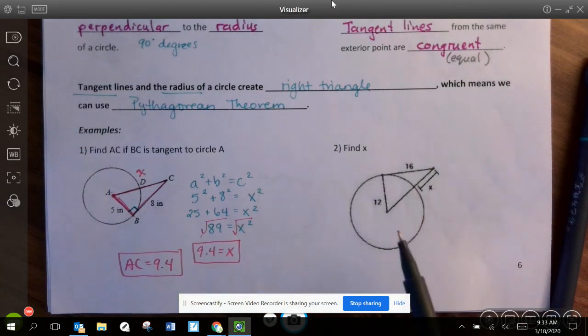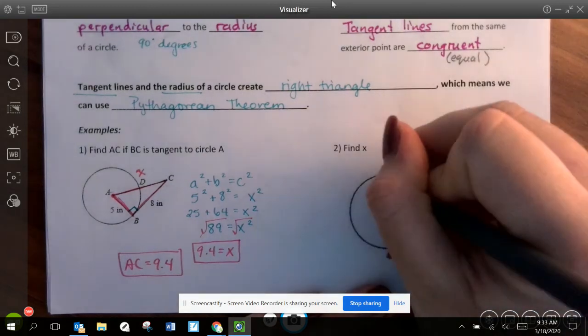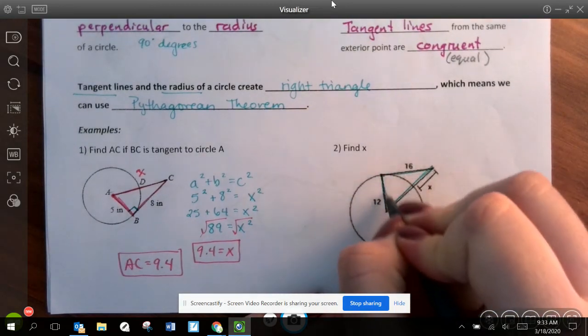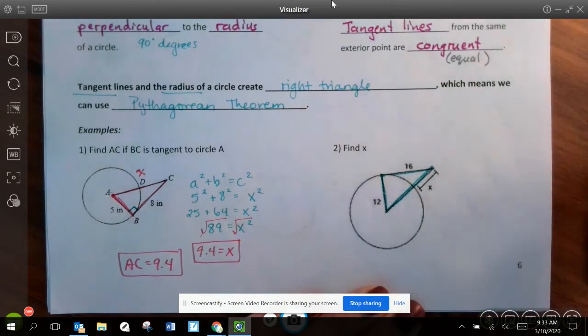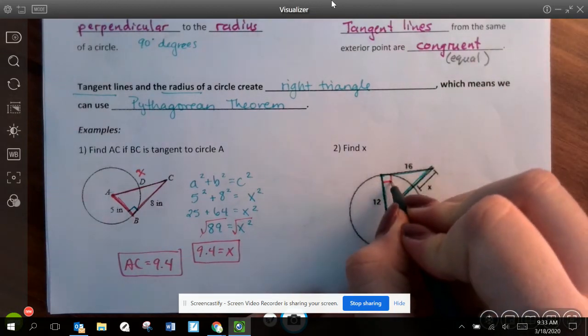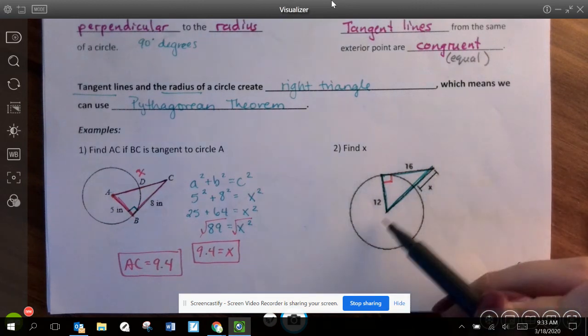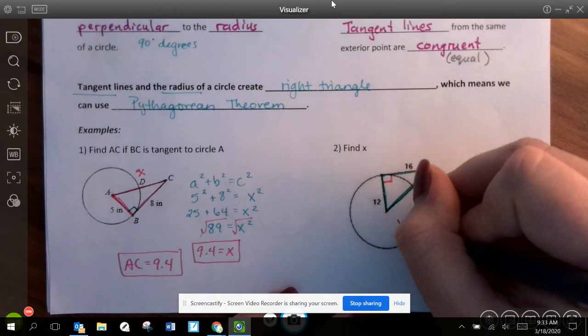It's a little different. I still have my right triangle. If I look here, here's my right triangle. Here is my 90-degree angle. And what I'm trying to do is figure out just this little part here. I'm not trying to figure out the whole radius.